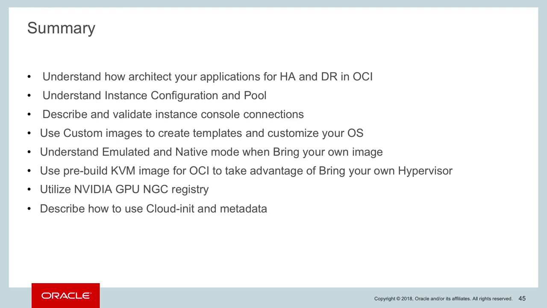We spoke about emulated, native, and para-virtualized modes when you bring your own image, how you can use the pre-built KVM image in OCI and take advantage of bring your own hypervisor. We covered the options for the NVIDIA GPU NGC registry available in OCI, and how you can use cloud-init and metadata on the compute as well.